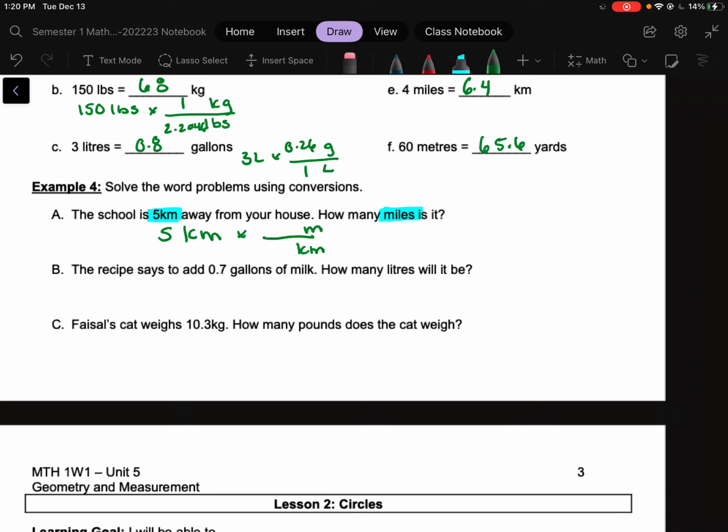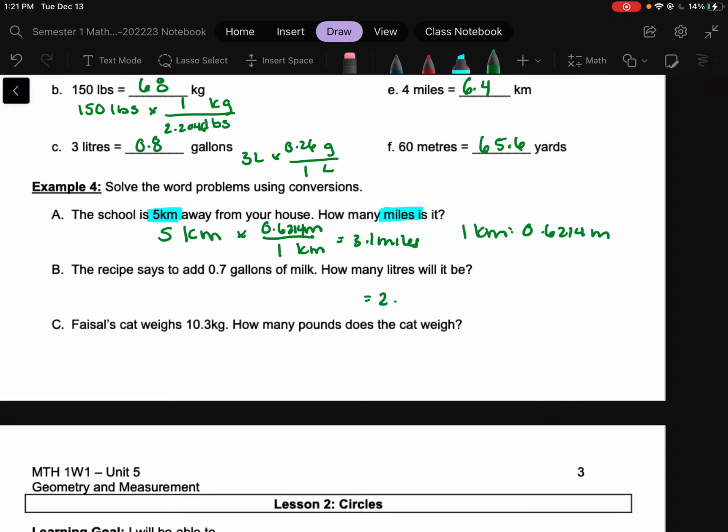We want to keep kilometers on the bottom and miles on top. We know that 1 kilometer is 0.6214 miles if we look at the top charts. So we're going to multiply 0.6214 over 1, and we will get an answer of 3.1 miles.